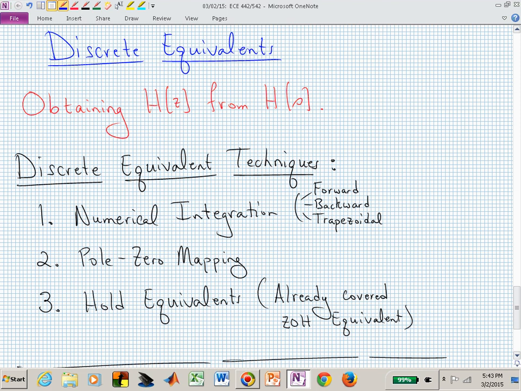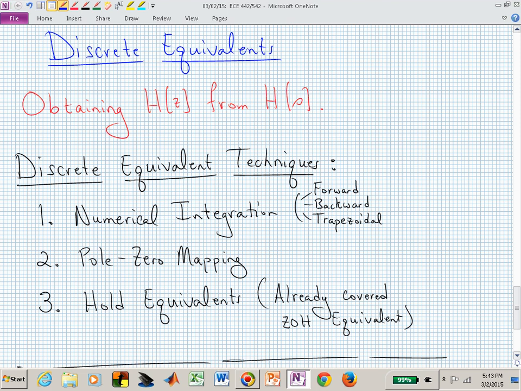Here's what we have in front of us. We have 3 different categories of discrete equivalents. We started with the third one. That's what we've been doing up until this point, which was the hold equivalent, and in particular, our hold equivalent was a zero order. It was just holding it flat between each sample period.